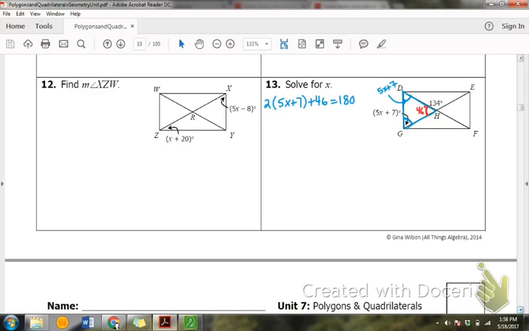Keep working. You have 215x. Oh, your parenthesis? 2 times 7 is 14, not 17. Oh, yeah.